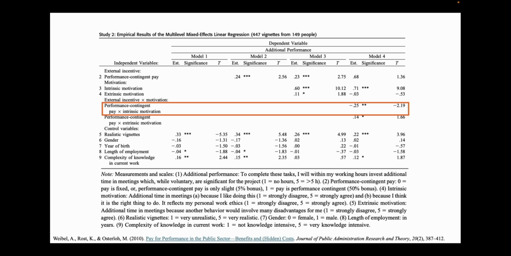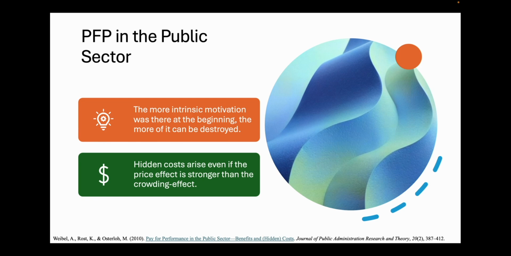Again, it confirms the idea that if you pay those with a high level of intrinsic motivation working in the public sector, pay for performance actually will diminish their efforts and have a negative effect on the performance. All right. So to summarize, the more intrinsic motivation there was at the beginning, the more pay for performance can actually destroy that motivation.